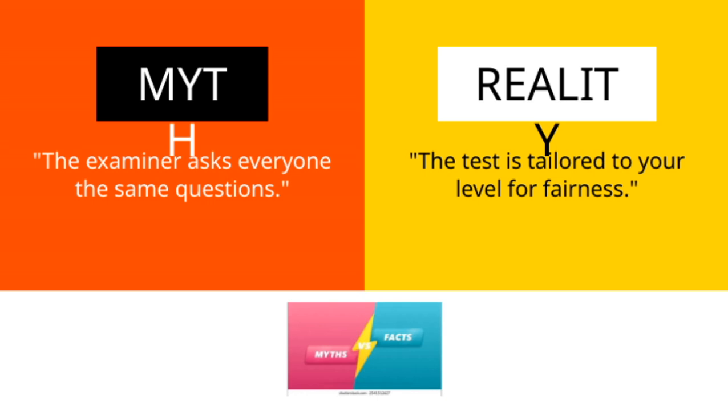But in reality, the process is much more personalized. Instead of a one-size-fits-all approach, the questions adapt to your ability level. This is an important point because it highlights how our testing system is designed to be fair and accurate. It's all about giving everyone an equal opportunity to succeed, which is a core part of ensuring a truly fair assessment process.